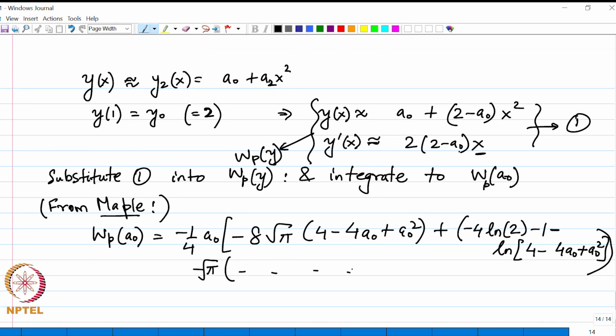Let me not even write all these terms, just say that there are about 428 terms. So, notice the complexity that we have.